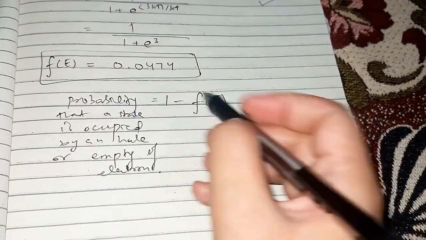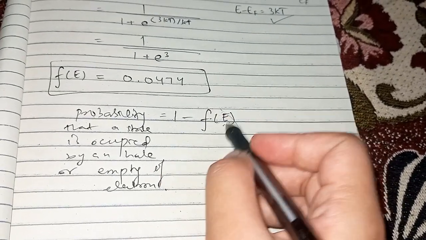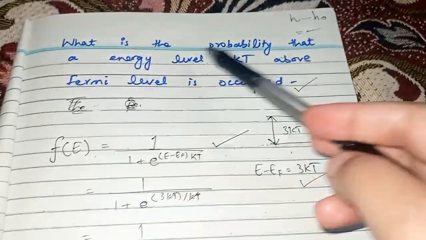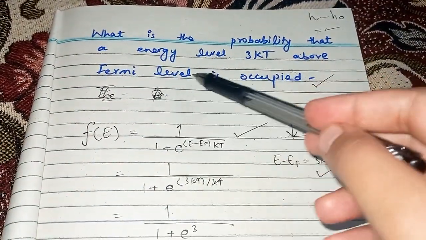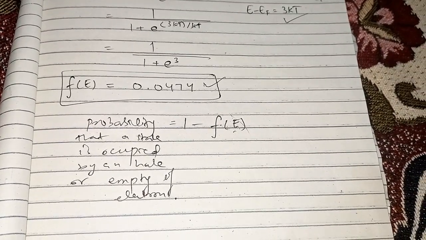Okay, where f of E is the probability of occupancy, you have to simply subtract the probability of occupancy from 1. And for example, if you want to find out what is the probability that the energy level 3 kT above Fermi level is empty, then what you have to do is find out the f of E, which is this, and subtract it from 1. You will get the probability of the state being empty.